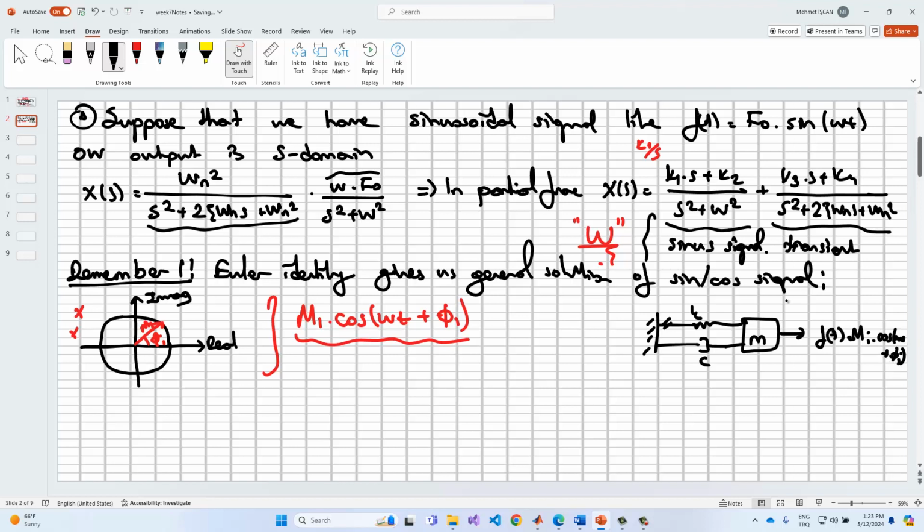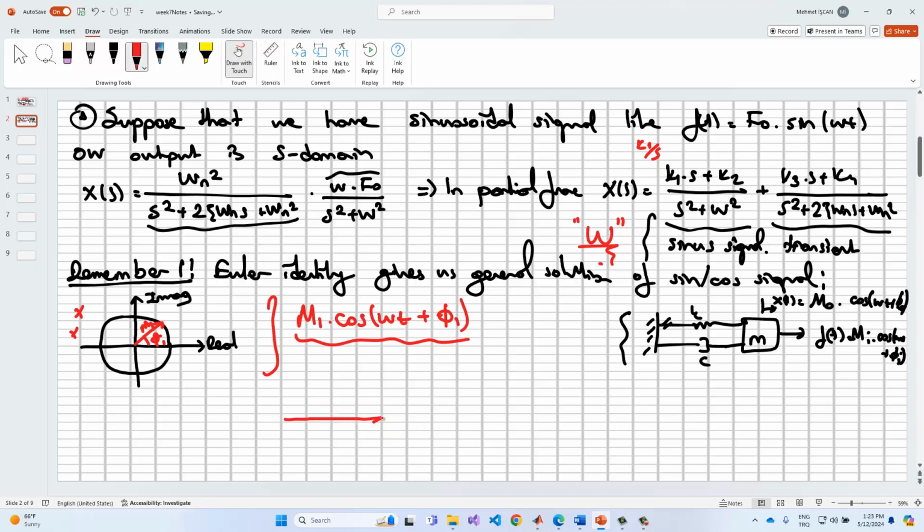This is the phase representation. And also we can say that right now x(t) must be equal to the output magnitude M0 times cosine (wt plus phi 0). Phi is the phase, okay? And so this representation can be summarized with these notations.